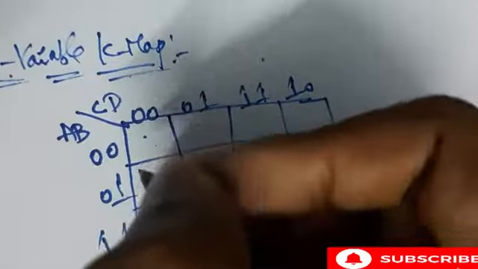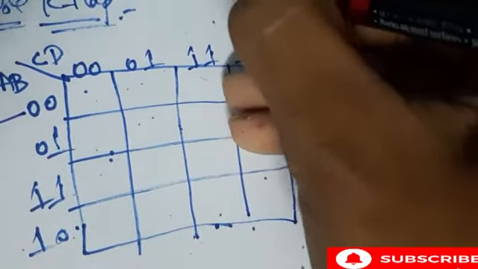You already know that. This will be the 0 for the A, 1 for the A bar for POS form, right?